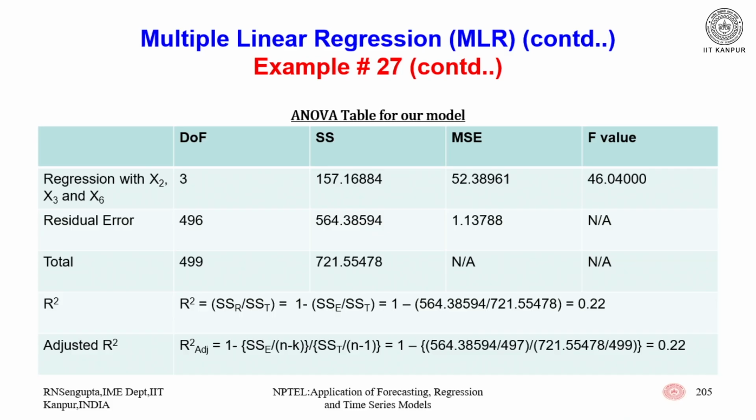Now, when we do the ANOVA, it is basically the analysis of variance. Main idea I am going to come to that. I have the degrees of freedom. So, based on the value that is 500, 500 minus 1 is 499, that is the total we get. Residual errors is given for, because you are considering n minus k, k is 4, 500 minus 4 comes out to 496, and 4 why?